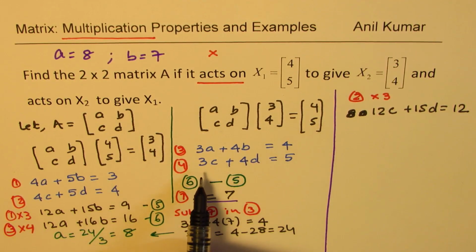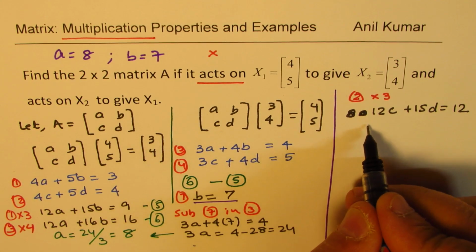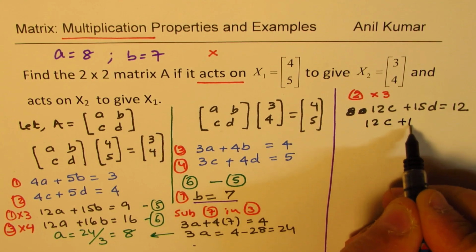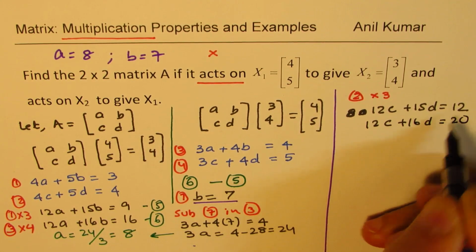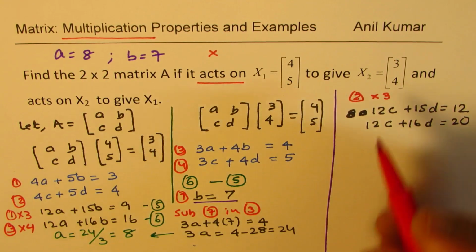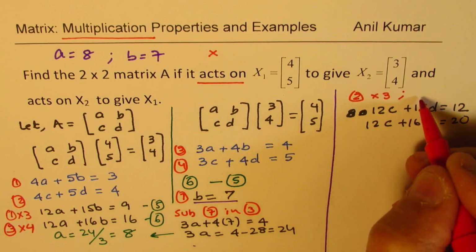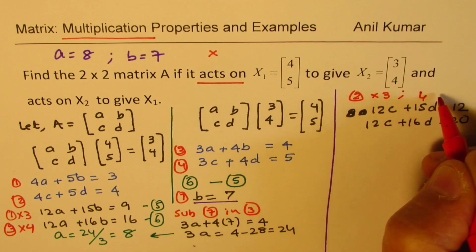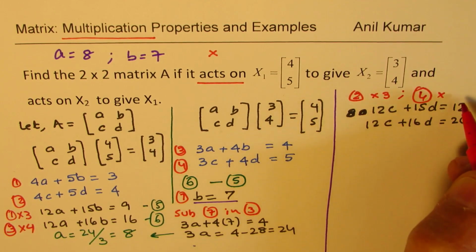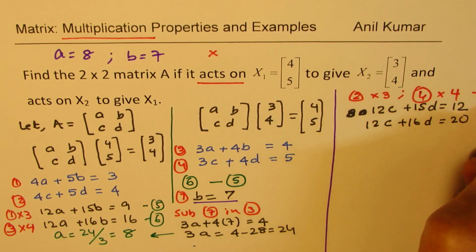And the other one, equation 4 times 4, gives us 12c plus 16d equals 20.